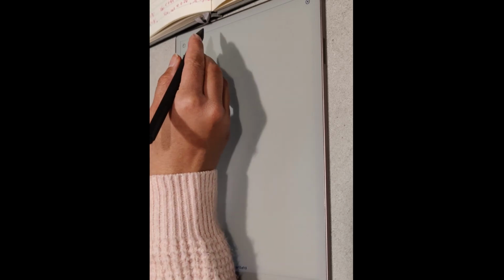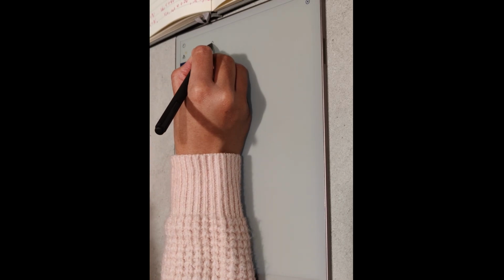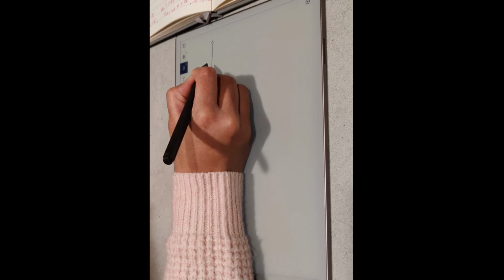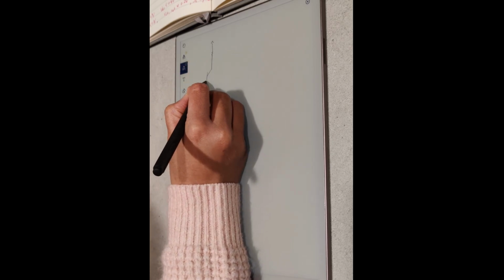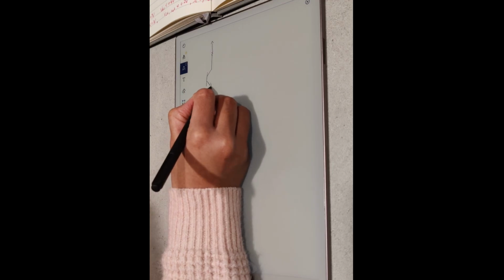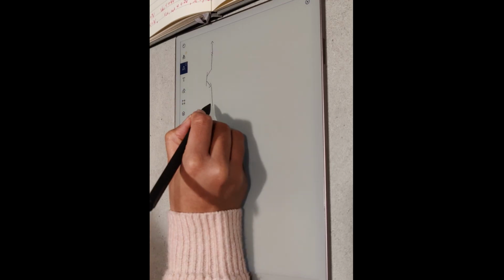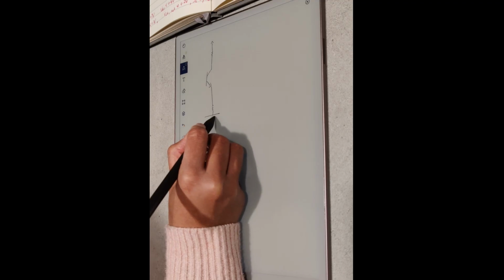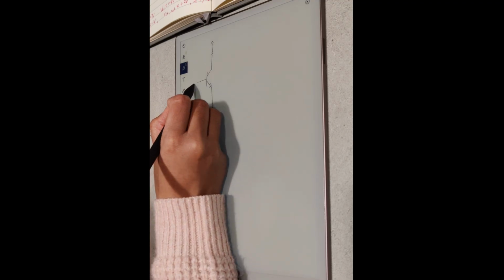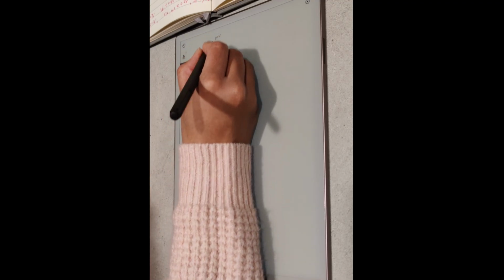Okay, let's take an example of this circuit. I have a resistor, and then I have a common emitter transistor, another resistor, and then I have a ground, and then I have 10 volts.